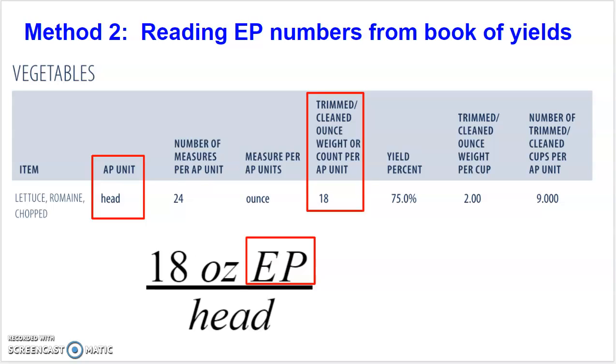So the second method is the Book of Yields has EP numbers right in it. So you just have to be really careful if you're going to do that to make sure you understand what you're reading. So if I look at the Book of Yields here, wherever it says trimmed cleaned, that means EP. So trimmed clean ounce weight per AP unit is 18. And since the AP unit is heads, that means we get 18 ounces EP per head.